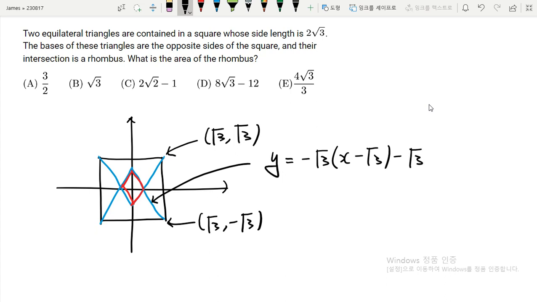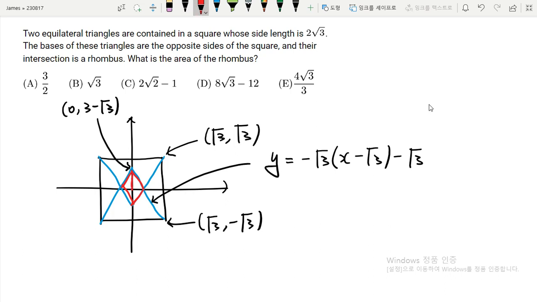So if we use this point, this is the equation of the line, and that means the y-intercept of this line is when x is 0.